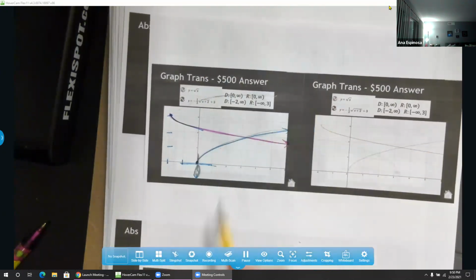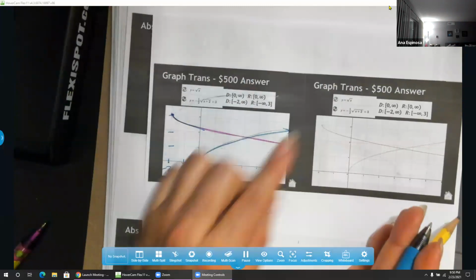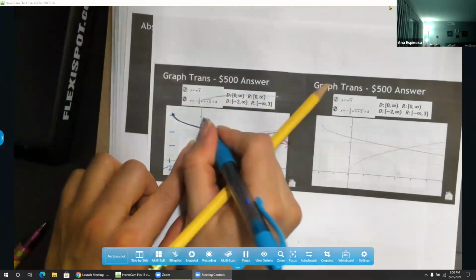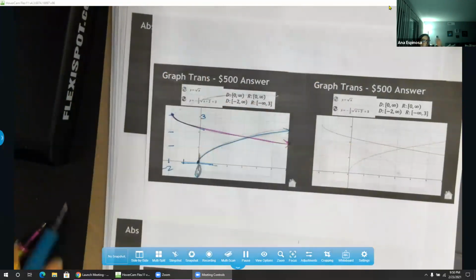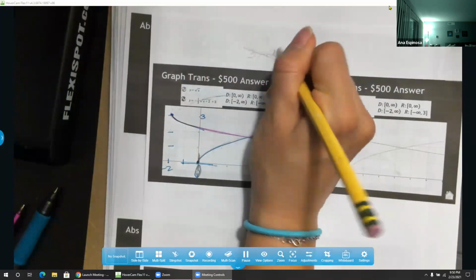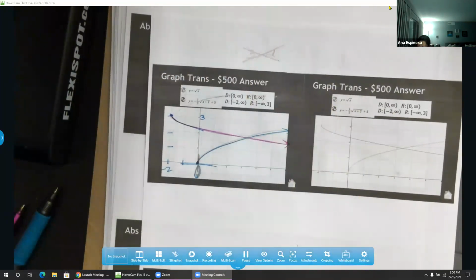The pink one, you start here at -2, and it goes to infinity. And then the range comes from -infinity up to 3. That's the highest it goes. Okay, so make sure you do not put 3, -infinity. That's not correct, because that is not small to big. All right, so be careful with those things.